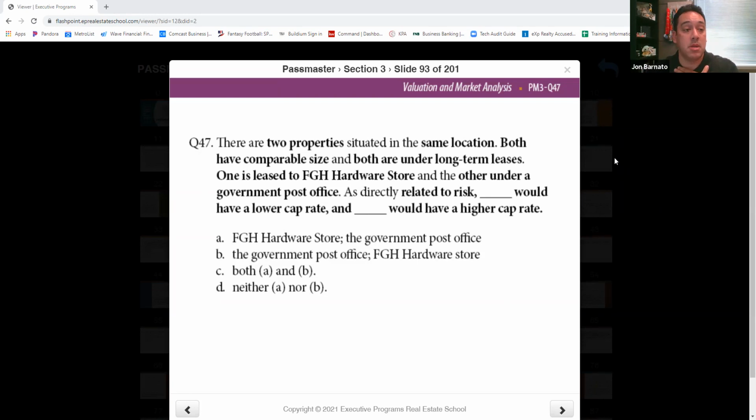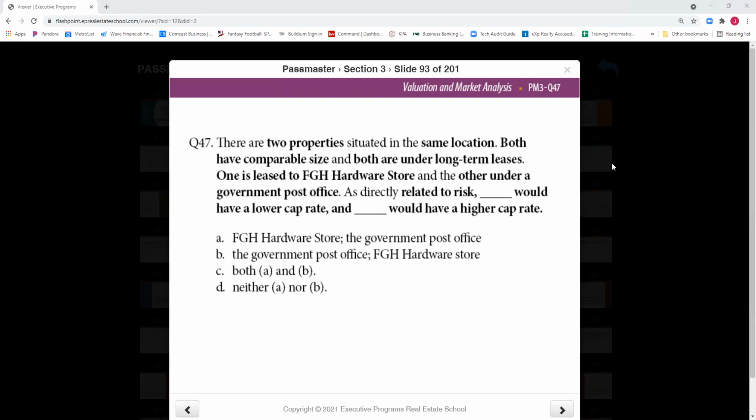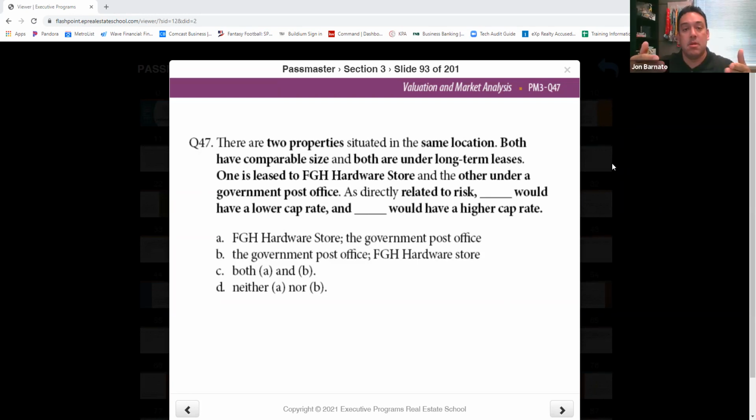I own both buildings and I'm going to sell them. I meet with a commercial agent and say, value these properties. And the commercial agent says, I think to sell the hardware store building, even though they're the same, we're going to have to give it a higher cap rate. Why?